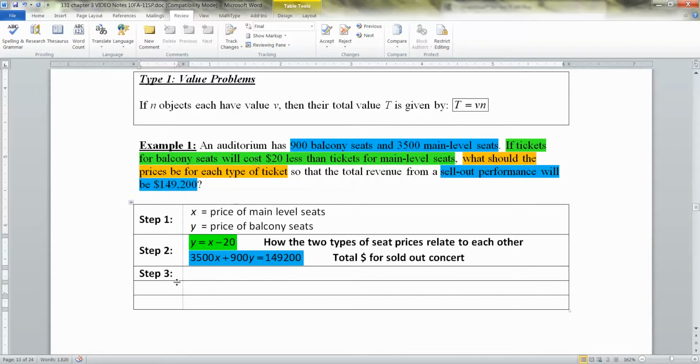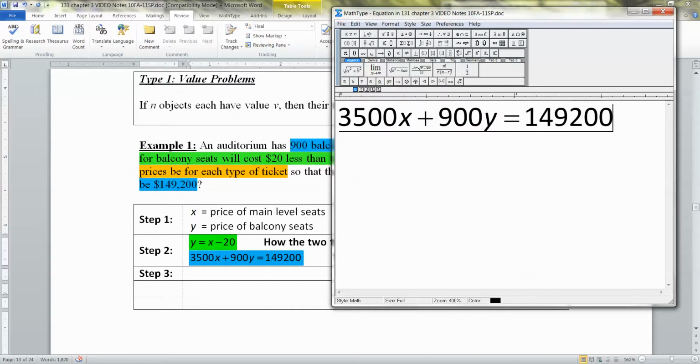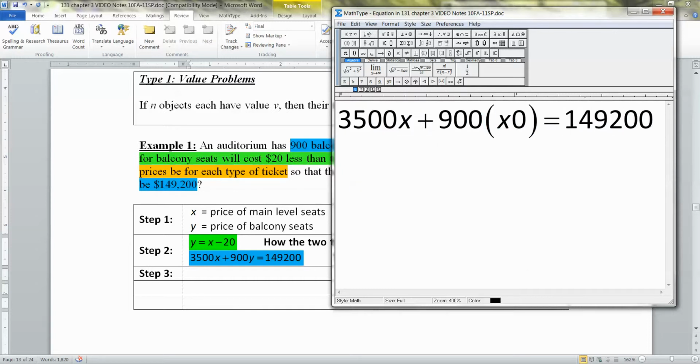Once you have these two equations, then you have to solve them in step 3. But solving them isn't really that tricky, because you'll do it either by substitution or elimination. However, hopefully you recognize that in this one, elimination is not really a sensible option, because y is already solved. So instead of writing y in that bottom equation, you can write x minus 20.